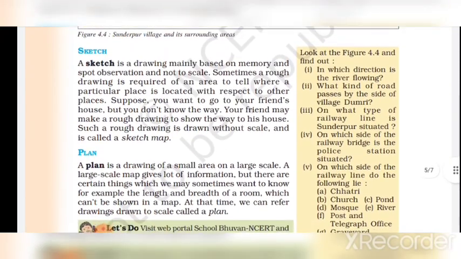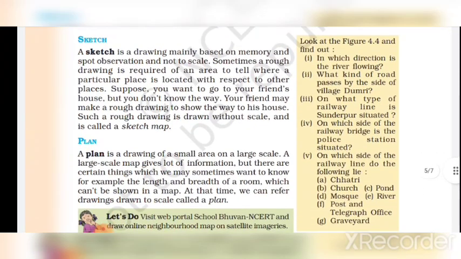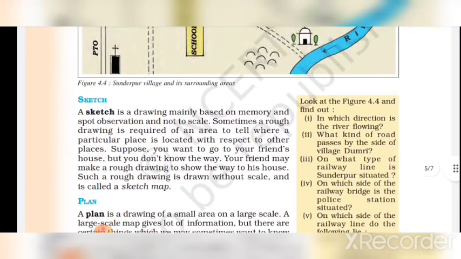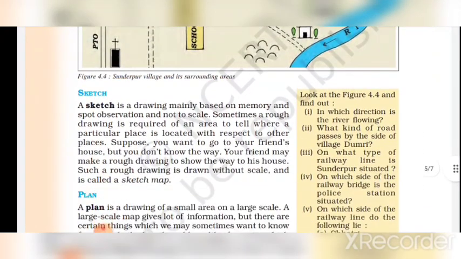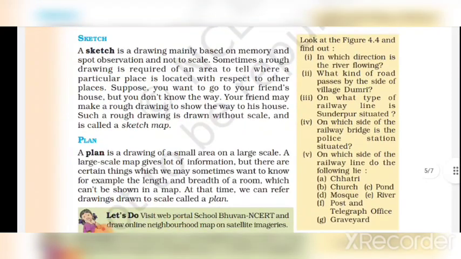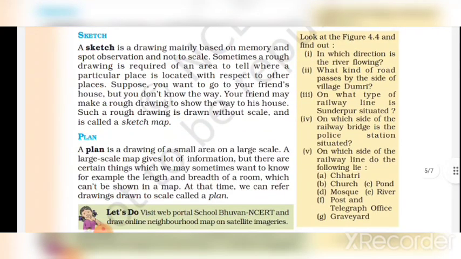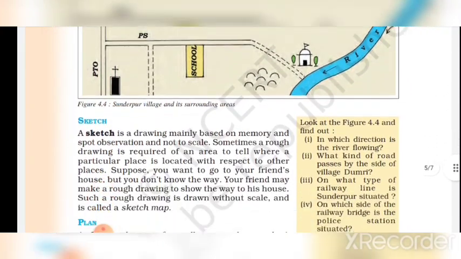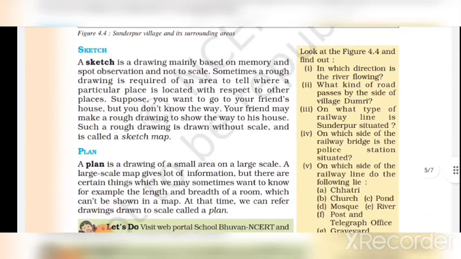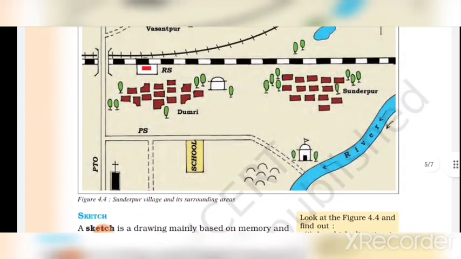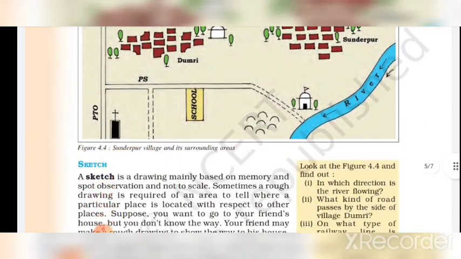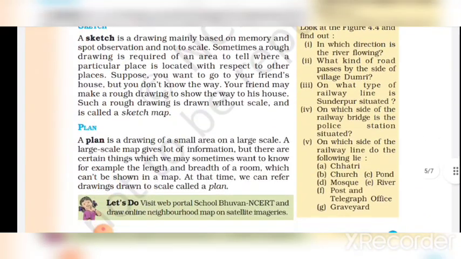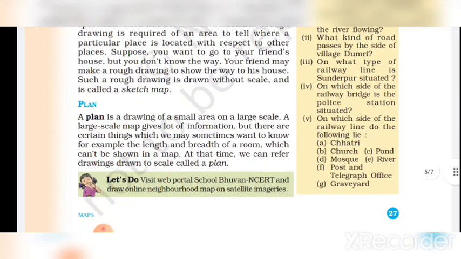Look at figure 4.4 and find out in which direction the river is flowing. What kind of road passes by the side of village Dumri? Third one: on what type of railway line is Sundarpur situated? On which side of the railway bridge is the police station situated?